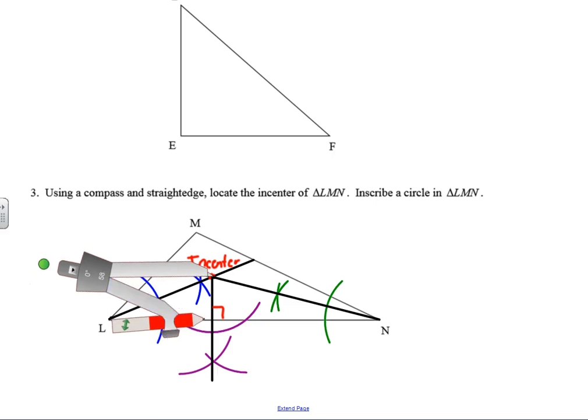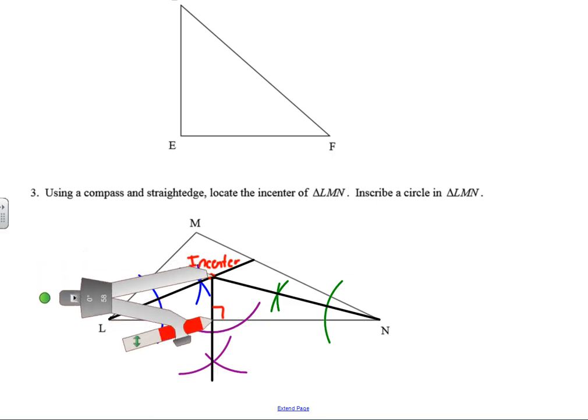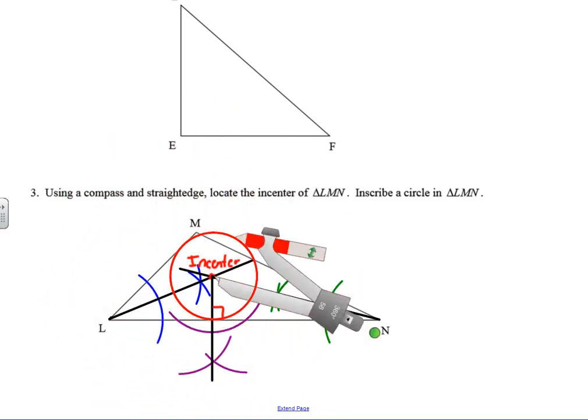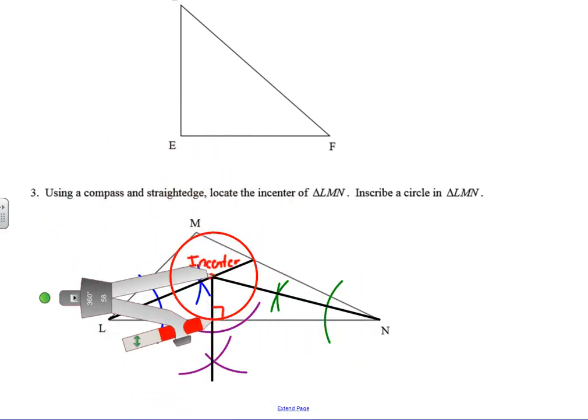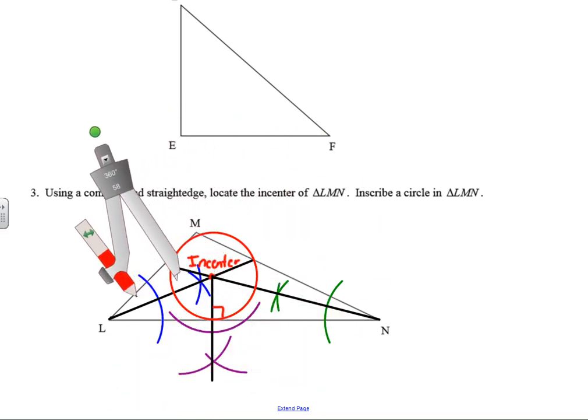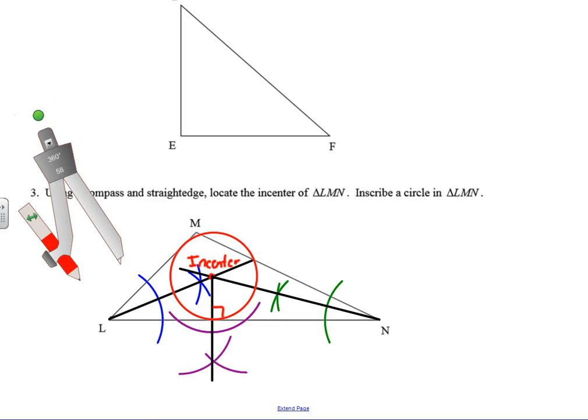So we can adjust our compass setting here, and then that will create a circle on the inside. Wow. And what are we seeing right there? We're seeing the inaccuracy of all of those thick lines. Look how far off that is because my pencil is so thick.